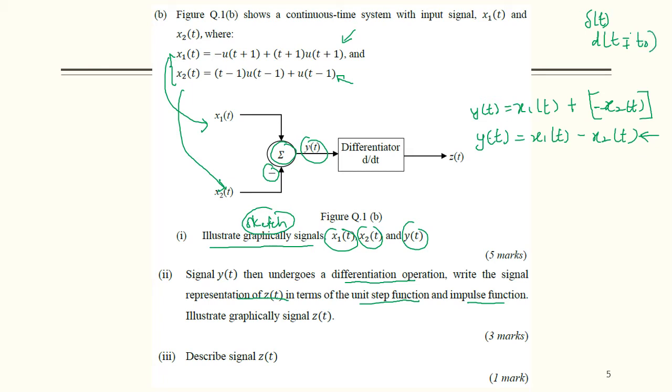Sorry, this is supposed to be delta. And then describe z(t). Based on your sketching, the second question asks you to illustrate graphically, so describe what type of signal you have in z(t). Make sure you address all questions carefully.